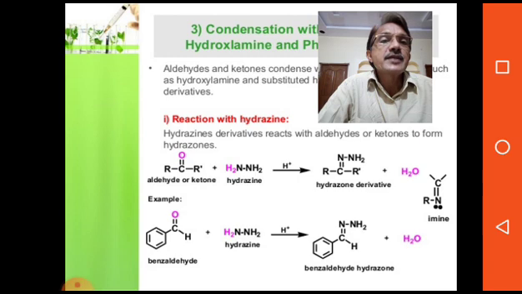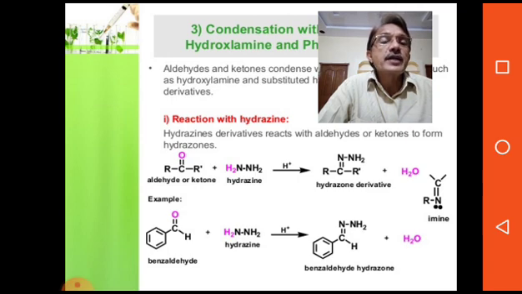Reaction with hydrazine. Hydrazine derivatives react with aldehydes or ketones to form hydrazones. Hydrazine, phenylhydrazine, 2,4-dinitrophenylhydrazine. These are all the derivatives of hydrazine.